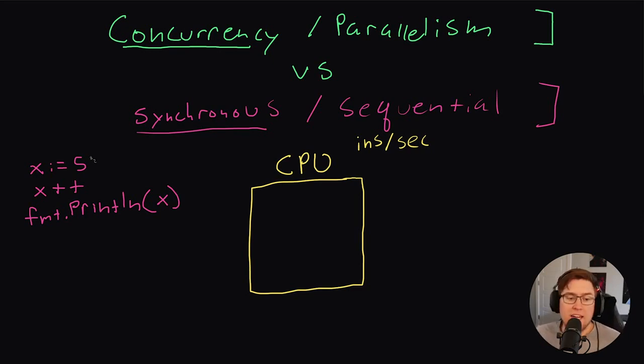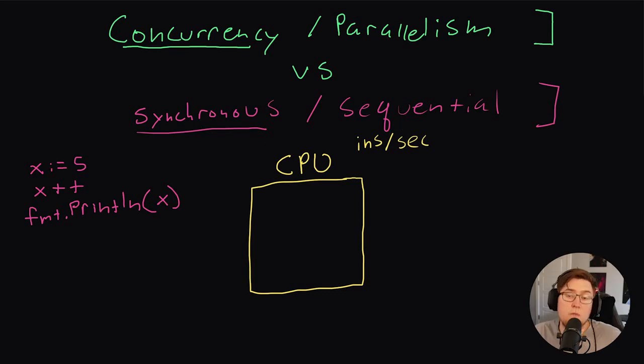Okay, so when we're analyzing this code over here on the right, first we set x equal to 5, and that takes up one instruction, right? After that, we increment x by 1, that'll take up another instruction, and then we print x.